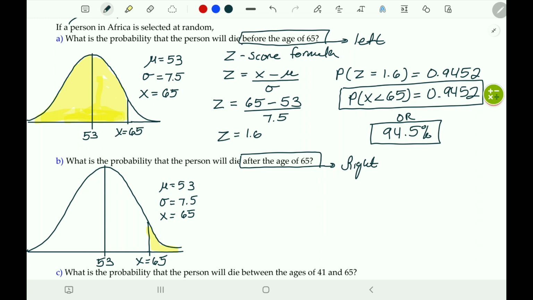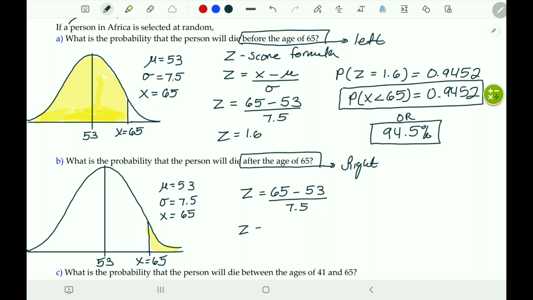Remember, all probabilities on the normal distribution table are the area to the left of the z-score. When it's to the right of the z-score, you must subtract the probability from 1. So once again, we have to find the z-score. Z equals 65 minus 53 divided by 7.5.